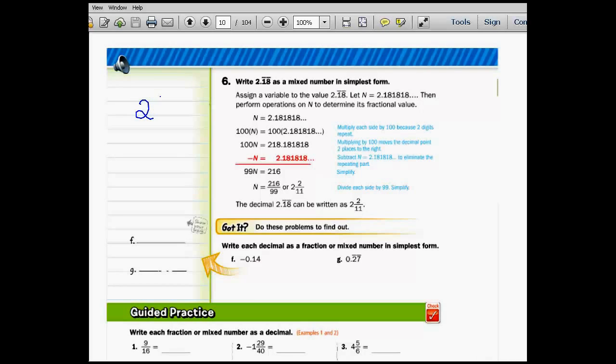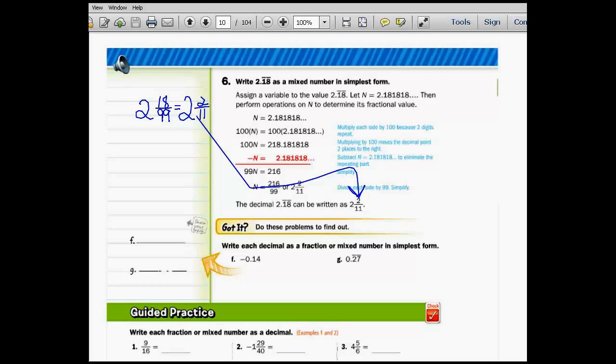Two digits repeat, so it's going to go over 99. If we reduce that, dividing both by 9, we get 2 over 11. So 2 and 2/11, without having to do the algebra work for now.